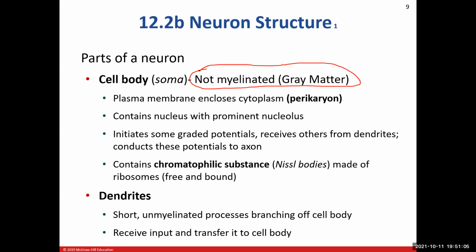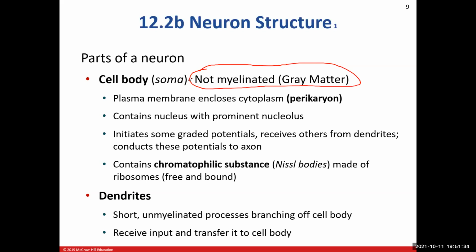If it is not myelinated, it will appear as gray matter. You'll hear the terms white matter and gray matter when we're talking about the central nervous system. Myelin only appears in certain areas, and we'll talk about that today. The cell body is one of those areas where there's no myelin, so it will appear as gray matter.